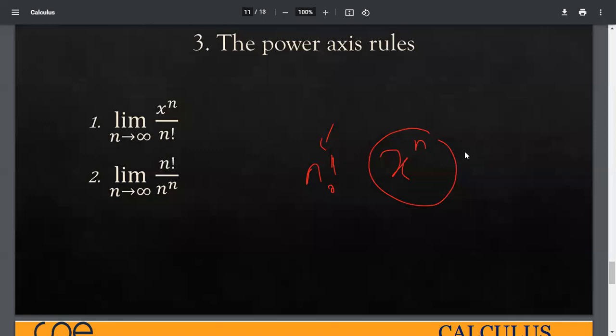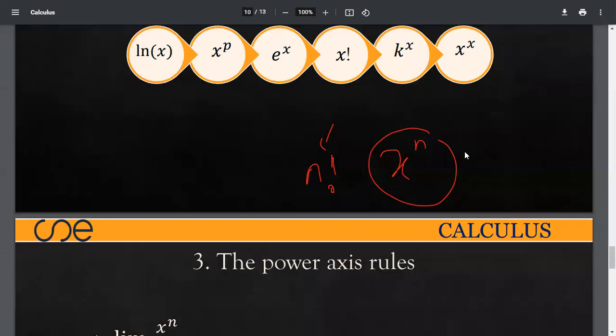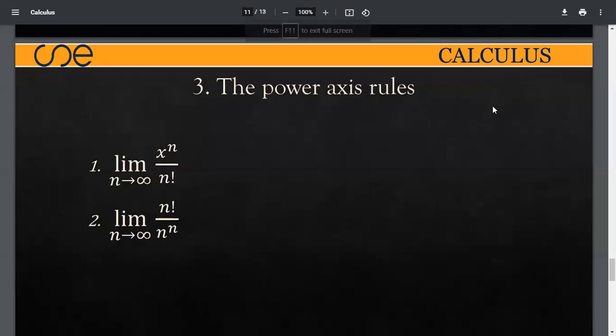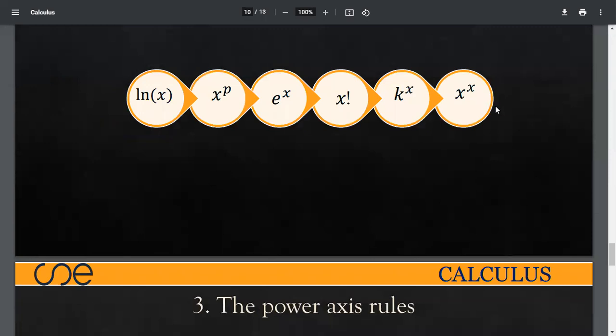I think I made a mistake. Okay, x power n as n tends to infinity, n factorial. So yes, I made a mistake here, and the axis of power, those two should be reversed.